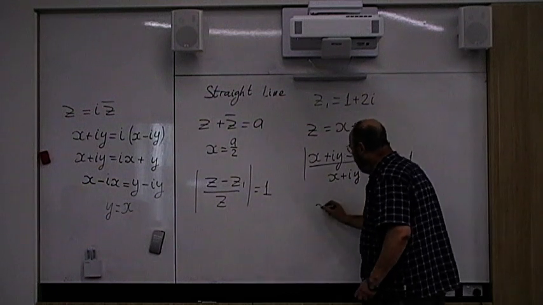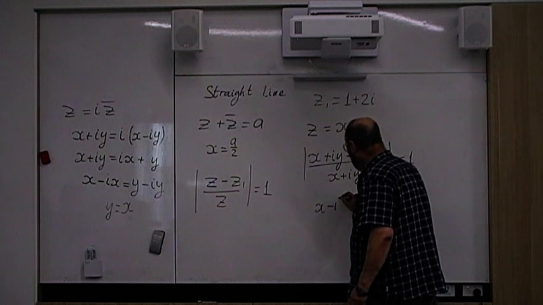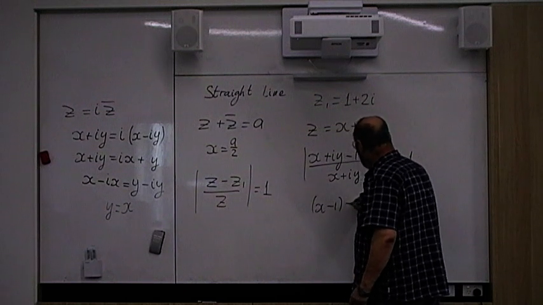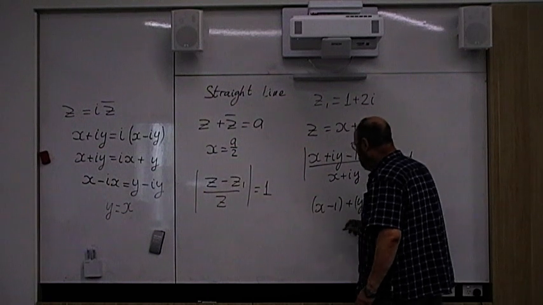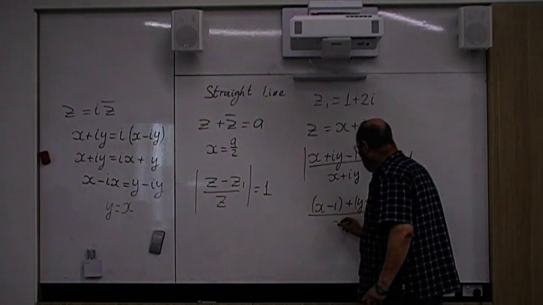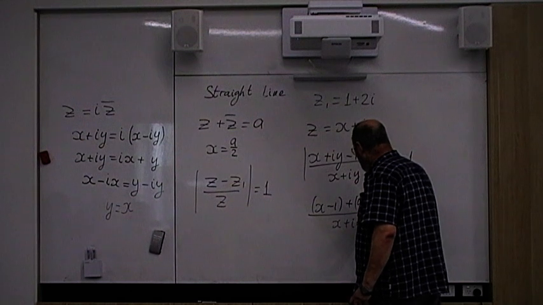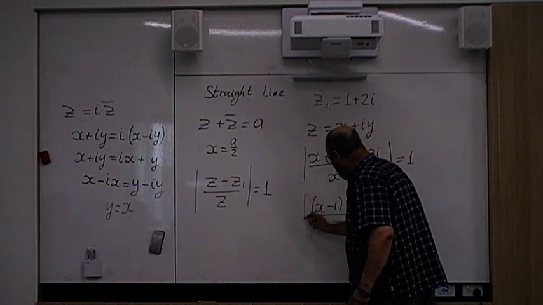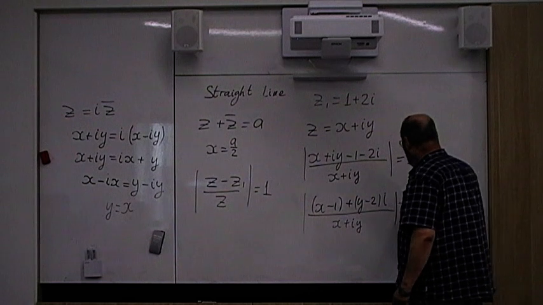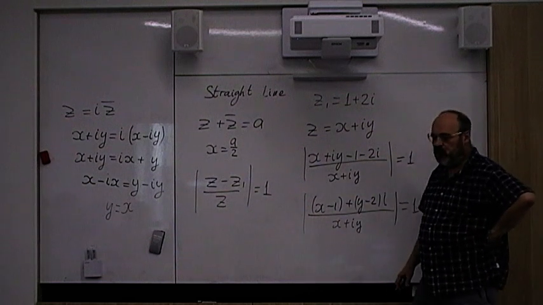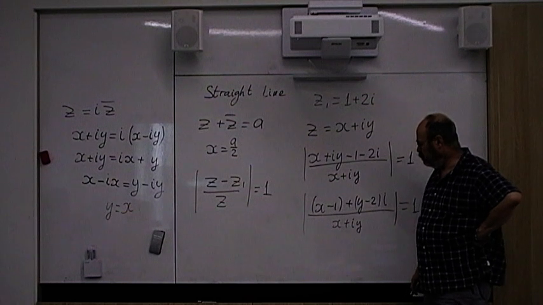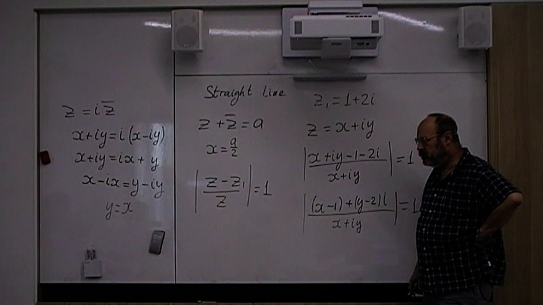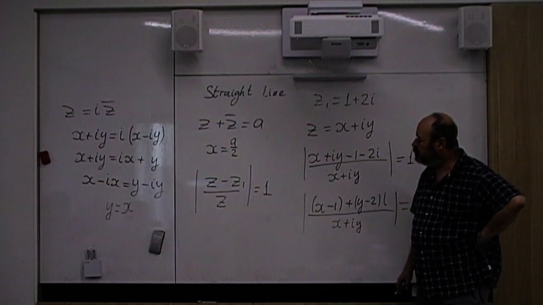So we have modulus of x minus 1 plus y minus 2 i, divided by modulus of x plus iy, equals 1. What should be our next step? Square and square root, just to find the modulus of each one.